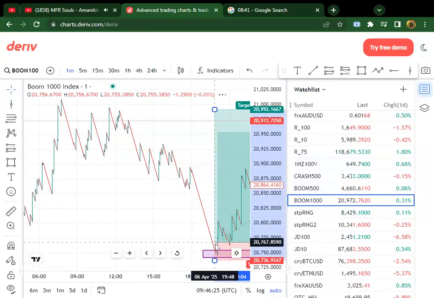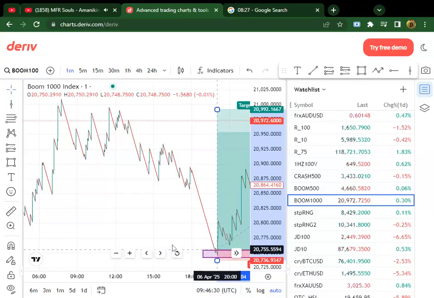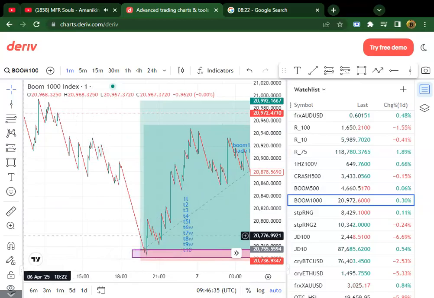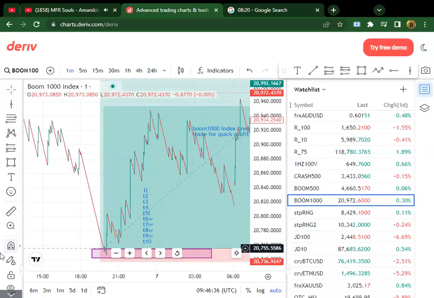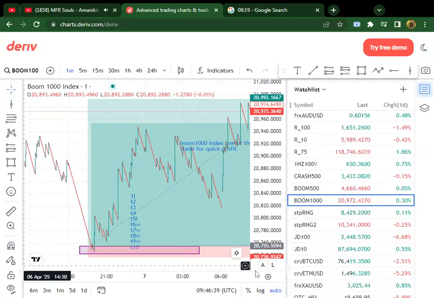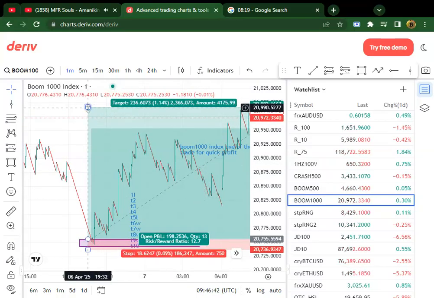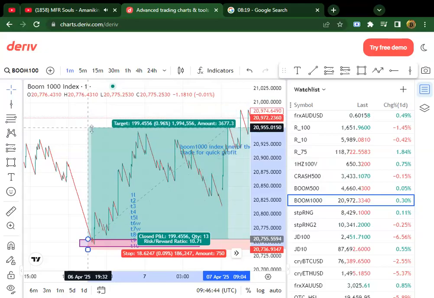We would have bought it here when we spotted this M that was fully formed. And then, of course, if we use the tick chart, we saw the tick chart brought it up. But for the sake of this video, we just want to show you how it worked. So this is 1 is to 12. We definitely already took out our profit.